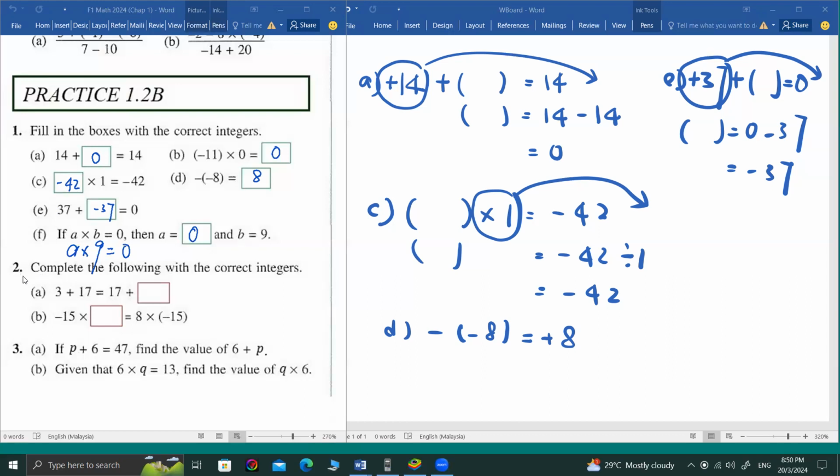Okay, we go number 2. Understand all of you until here? Before that, is it okay?